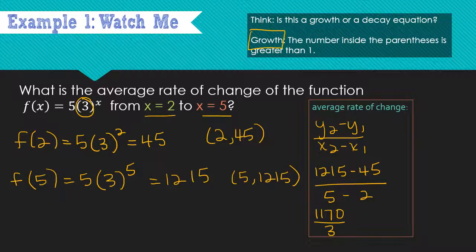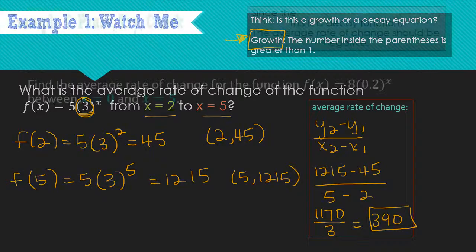And when I divide, I end up with 390. So that is the average rate of change between those 2 points on my function. Again, it's positive because I have a growth example here because my base is greater than 1.